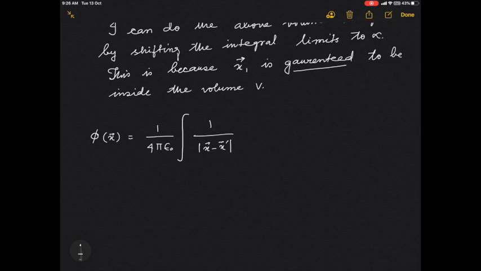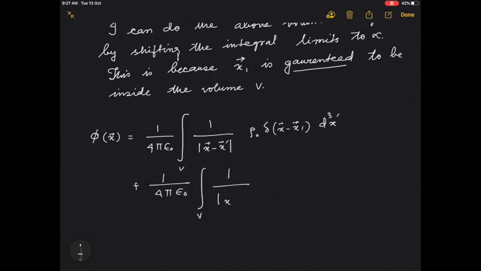In both cases, the Green's function is only this, and then I have x minus x1, plus another integral. You see the Green's function remains as it is. The density now is this.